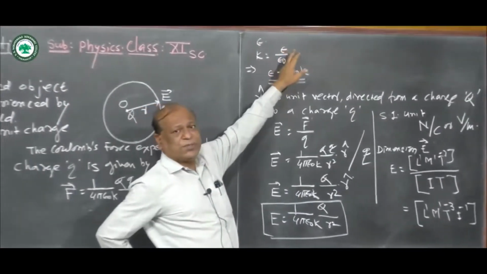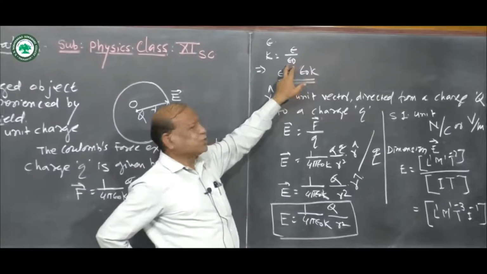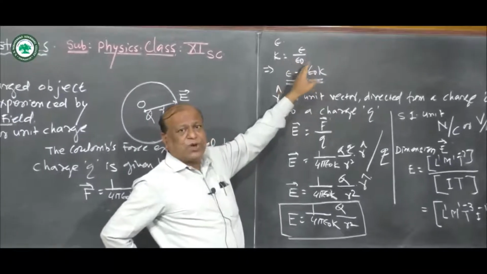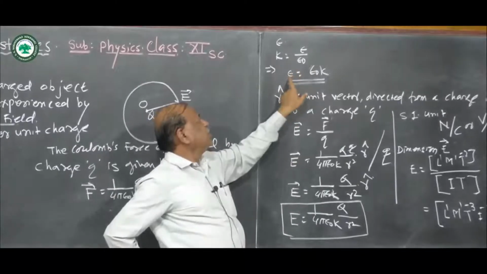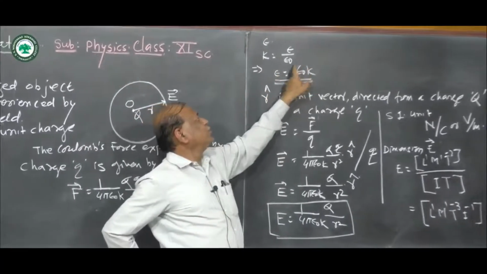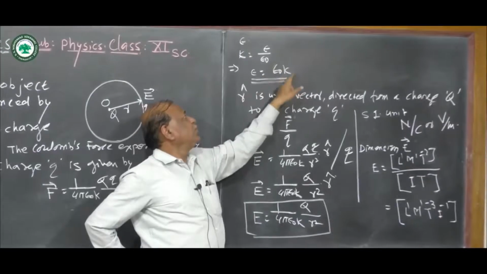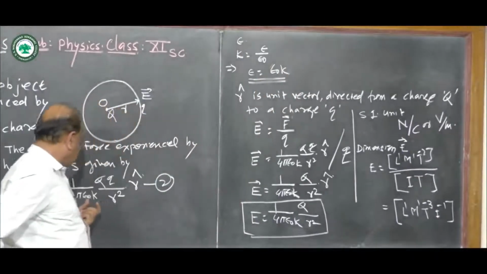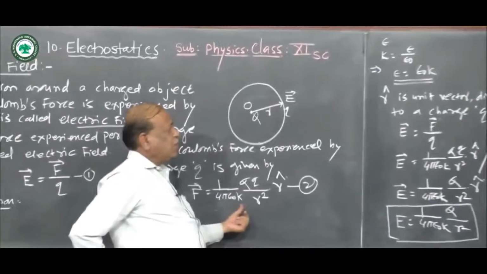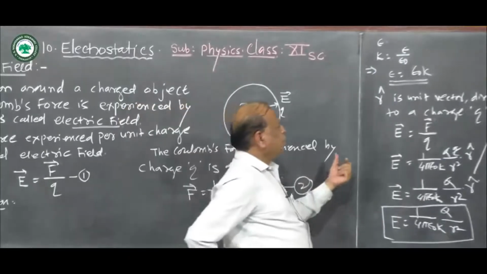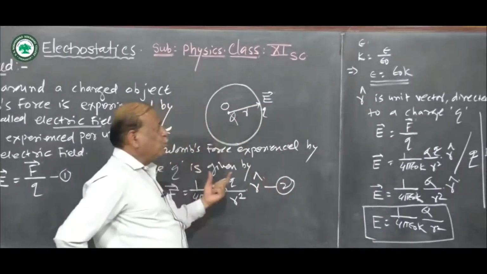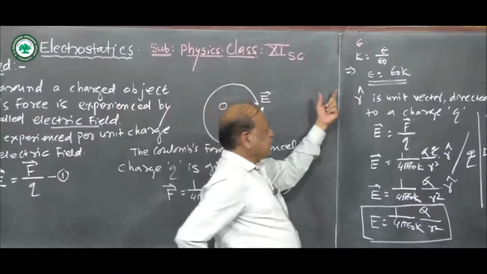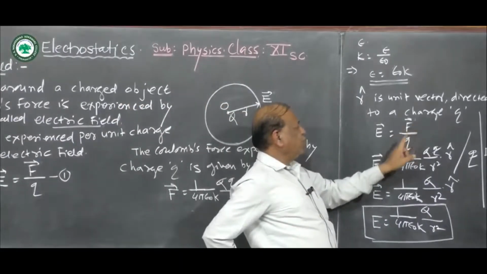Here epsilon is the permittivity of the medium, epsilon 0 is the permittivity of vacuum or free space, and from that epsilon is equal to epsilon 0 k. Now this value of epsilon 0 is directly kept here, and therefore we get this equation number 2.